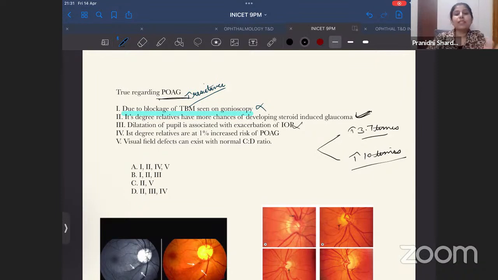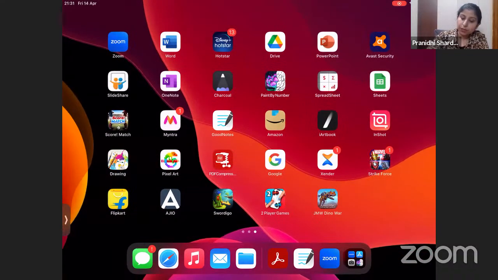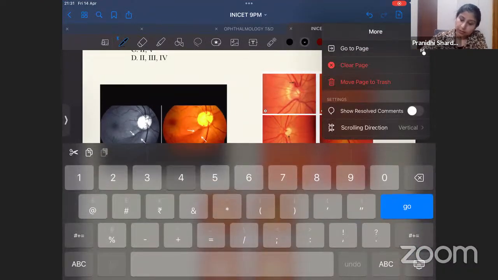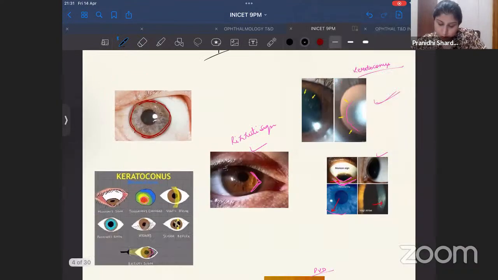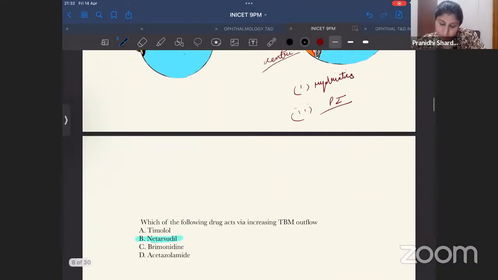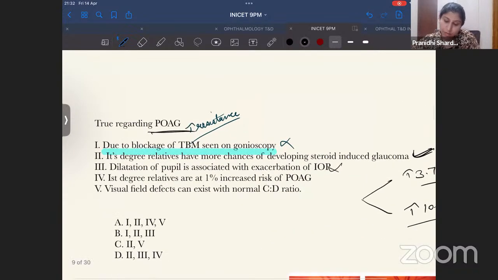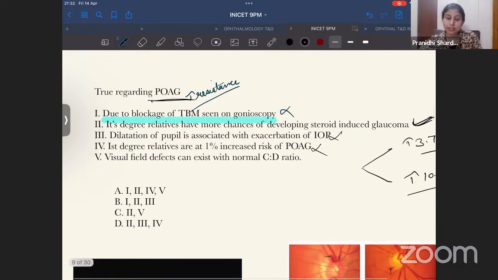So they are not at 1% increased risk, but at least 3.7 or 10 times according to one study. So this is a wrong statement.